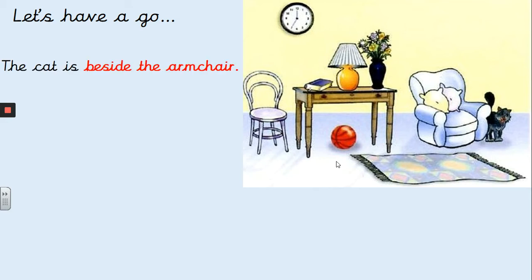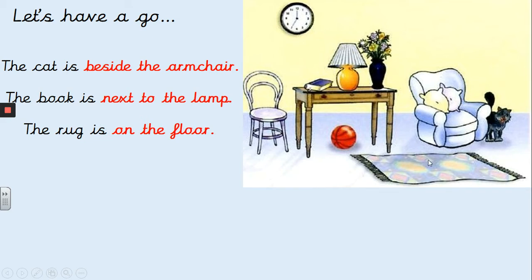Quite basic, but the cat is beside the chair, beside the armchair. The next one I've chosen is the book is next to the lamp. And I've chosen the rug is on the floor. Beside, next to, and on would be my prepositions, but in this sentence, the prepositional phrase is the part that I've highlighted in red.